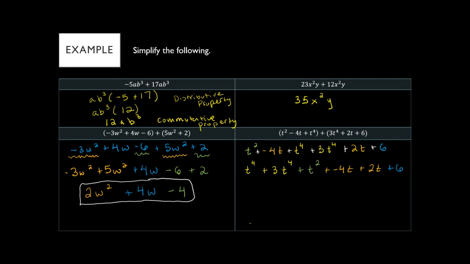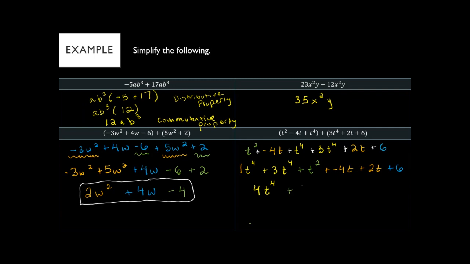So once you've done that, then you just need to start combining. So the t to the fourth, if there's no number there, you can always write a 1 in front of there. So I can stick a 1 in front of there. And so that's really a 1 plus 3, which gives us 4t to the fourth.